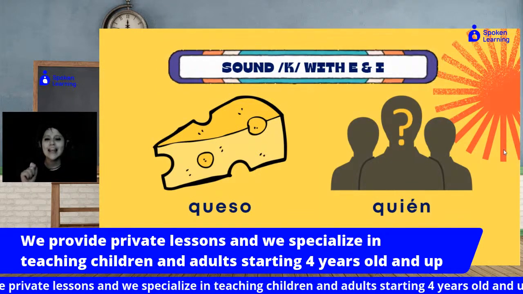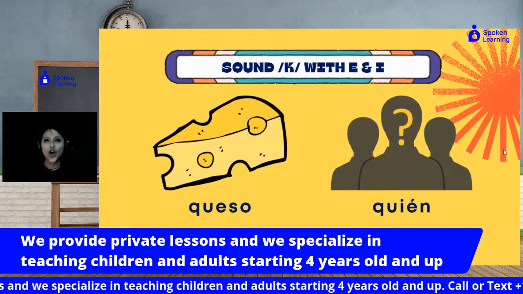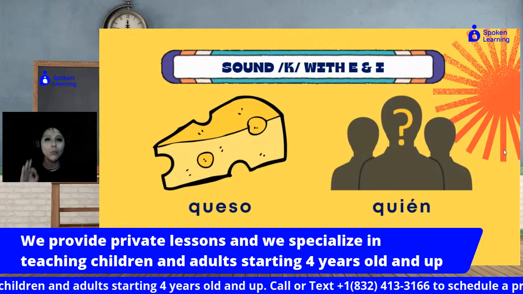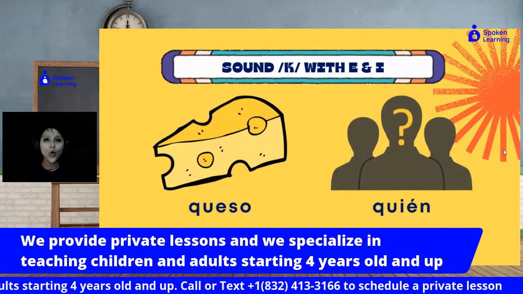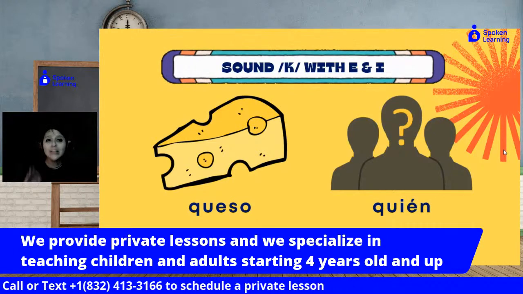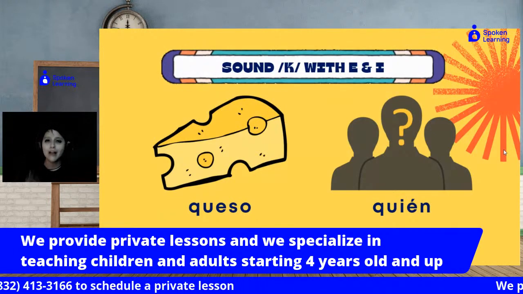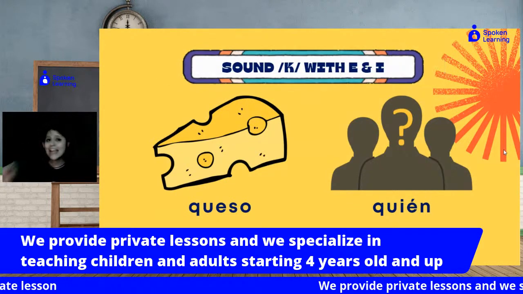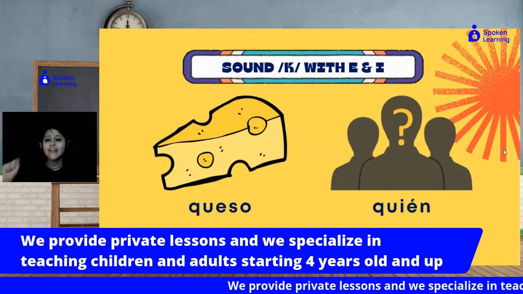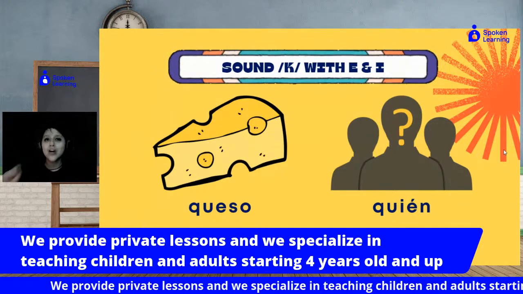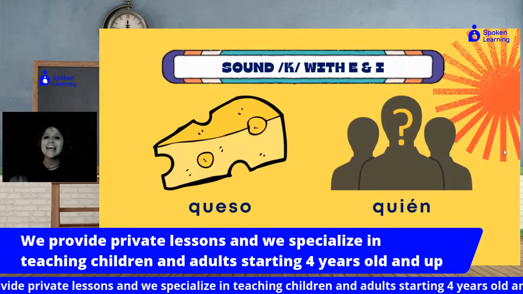Y es dar el sonido K con las vocales E, I. Ese es el único propósito de la letra Q en nuestro alfabeto. So its only purpose in the Spanish language is to give the vowels E, I the opportunity to have a K sound before them.